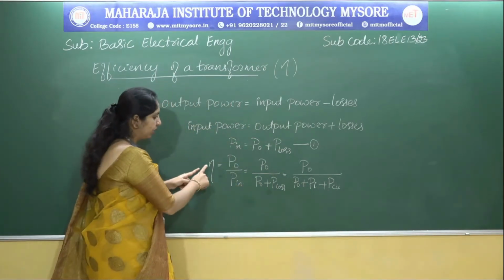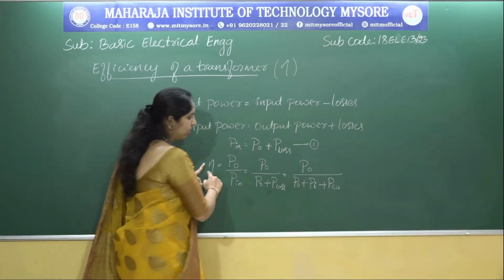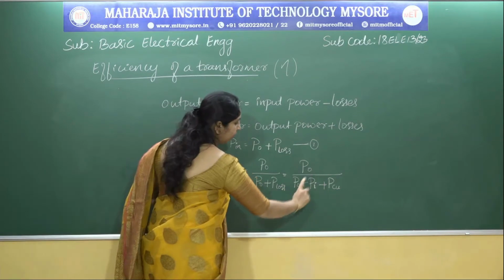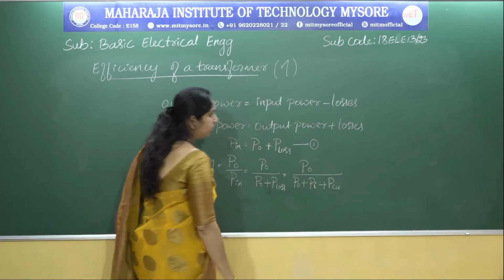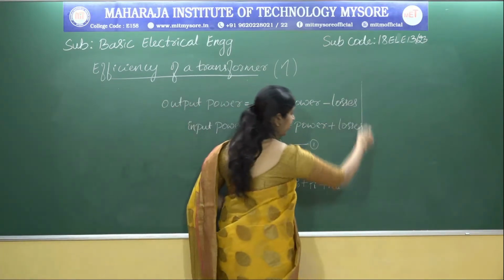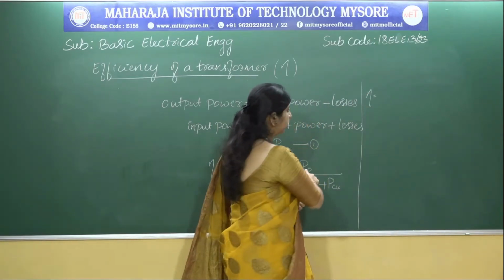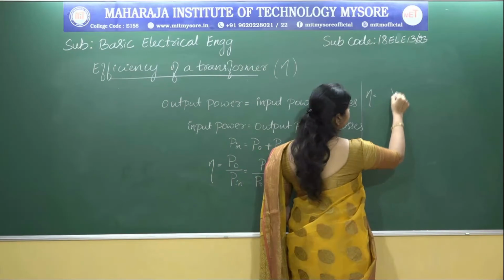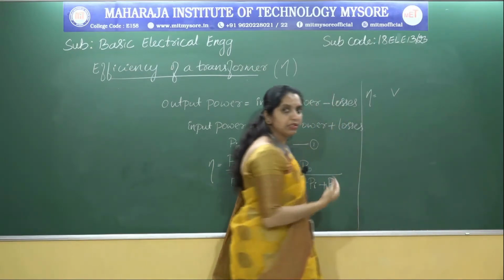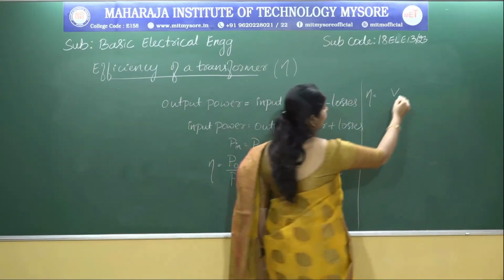So now we have the efficiency as P naught divided by P naught plus Pi plus PCU. What is P naught? We know that power is expressed as VI cos phi.